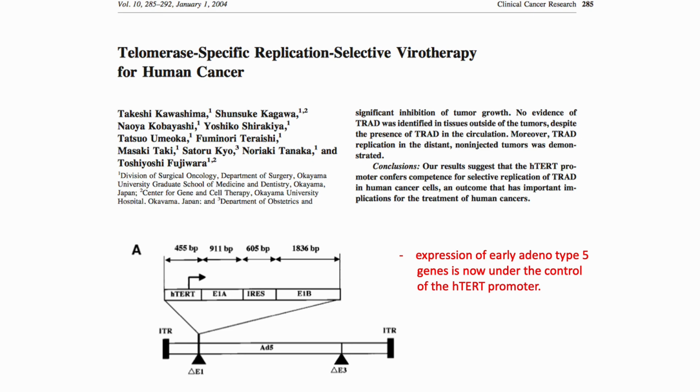So if you engineer a virus to have a promoter that's sensitive to whatever is upregulating telomerase activity, then viral replication becomes upregulated as well, and this will happen exclusively, one hopes, in tumor cells and not in surrounding control cells.